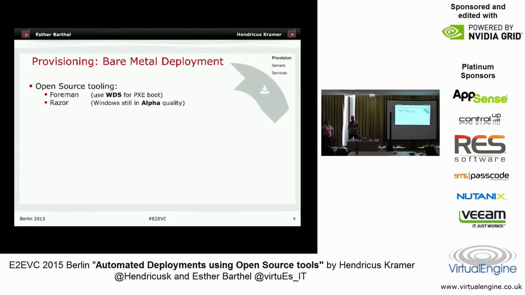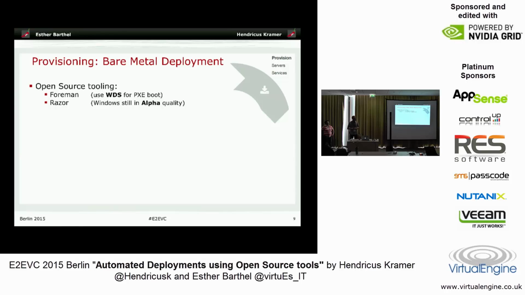Puppet open source doesn't have a web interface, so I use Foreman to provide a web interface. Foreman is an open source web interface to configure and manage your Puppet infrastructure.